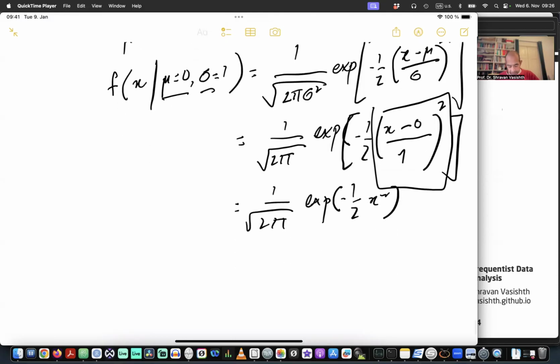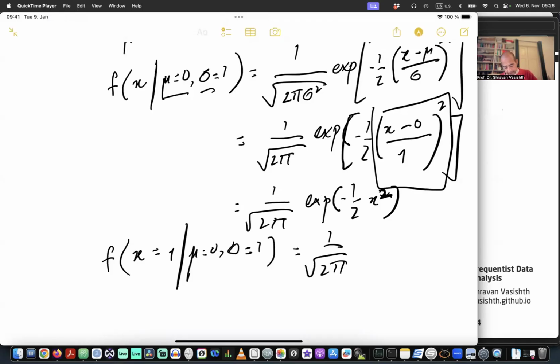So now this function, I'm going to plug in a value. Let's say x equal to 1 in this function, given mu equal to 0, sigma equal to 1. What do I get? 1 over square root of 2 pi times... sorry, that's wrong.